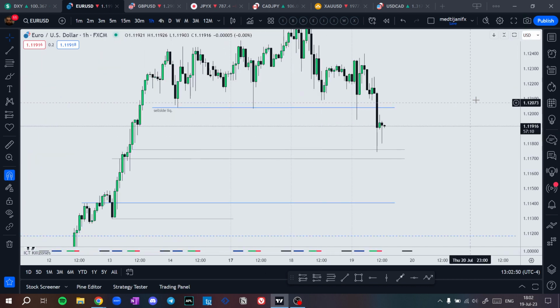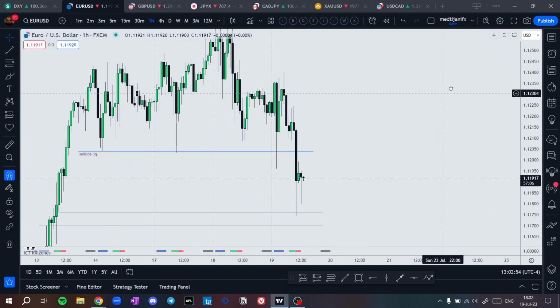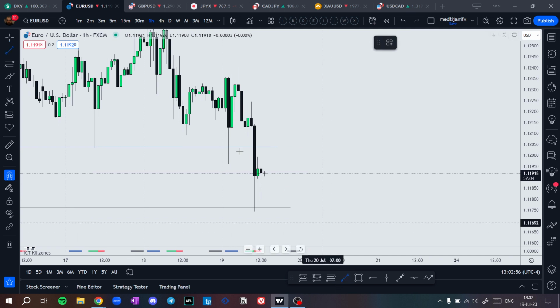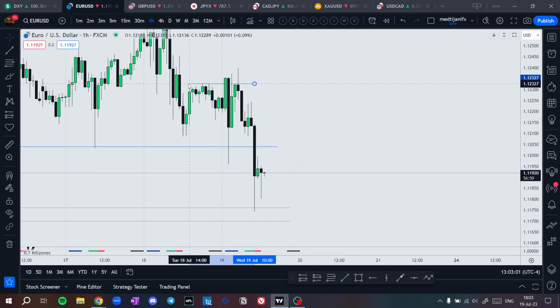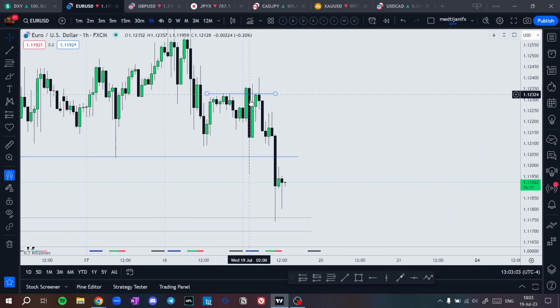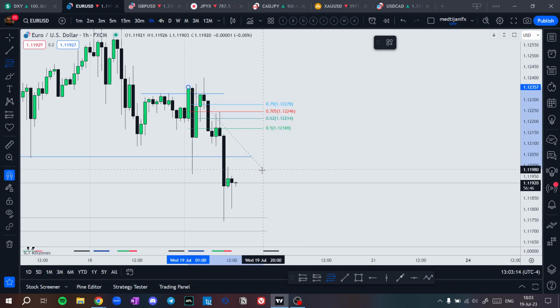On the 1 hour time frame, for this day, I saw that price has taken this buy side liquidity on London, then it drops lower, breaking market structure. I took an entry here. For me, I use this high and this low as the range.